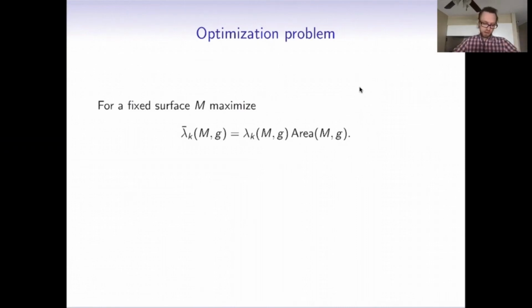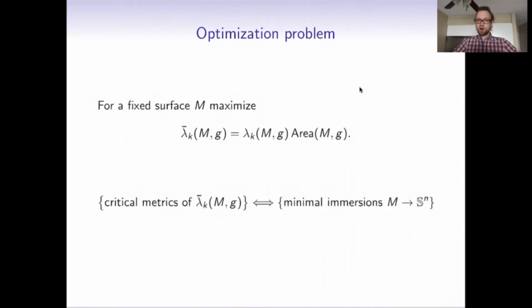And a very significant feature of this problem is that critical metrics of such a functional correspond directly to minimal immersions of our surface M to some sphere S^m. Right?